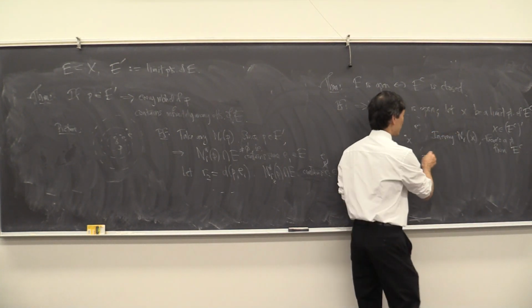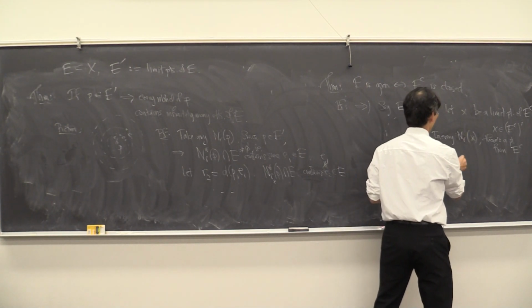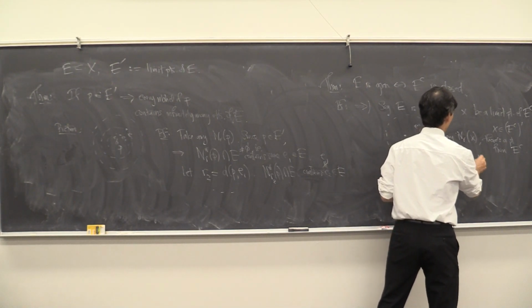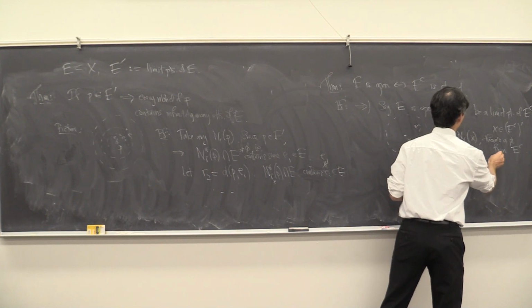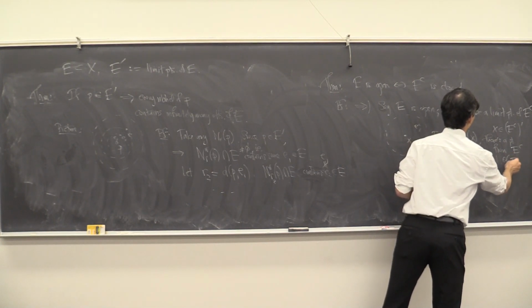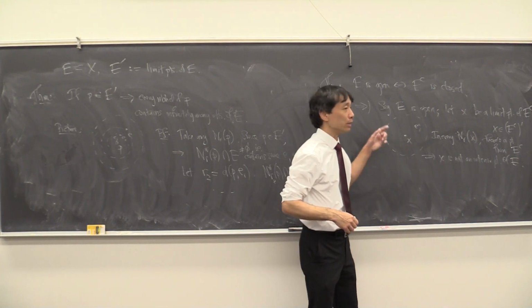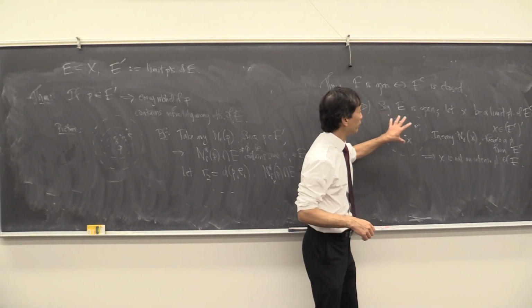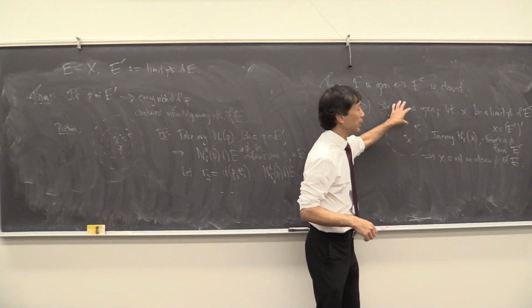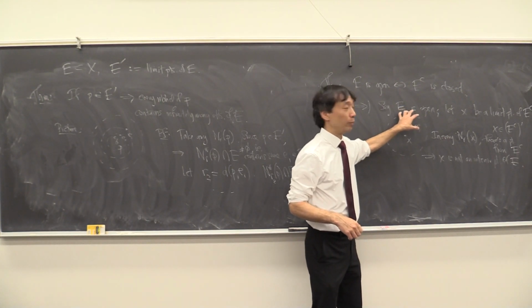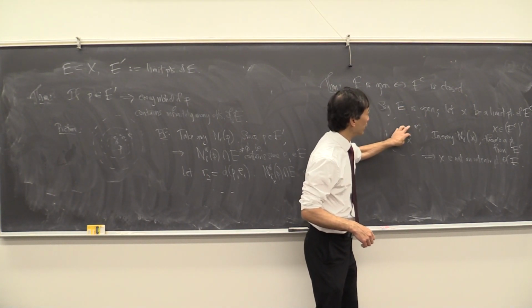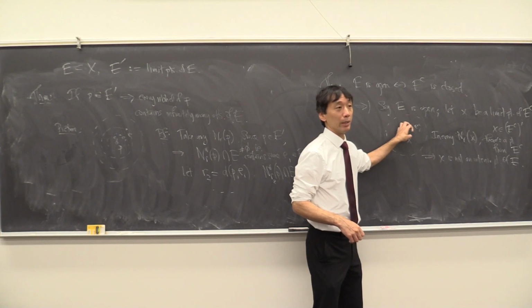Okay, but in that case, X is not an interior point of E. Right? X can't be an interior point of E, because to be an interior point means that you can find a neighborhood that's contained entirely inside of E. But for us, no matter what neighborhood you take, there's somebody from E complement in there.